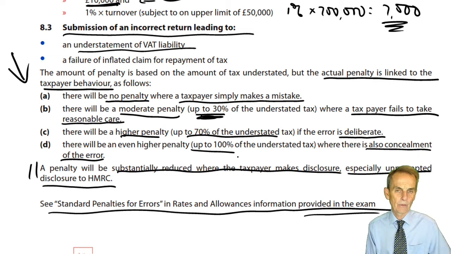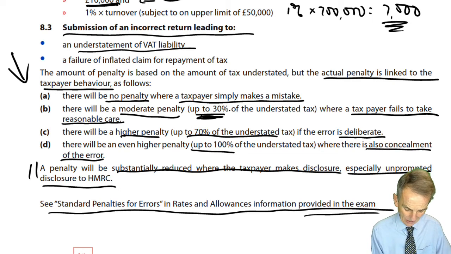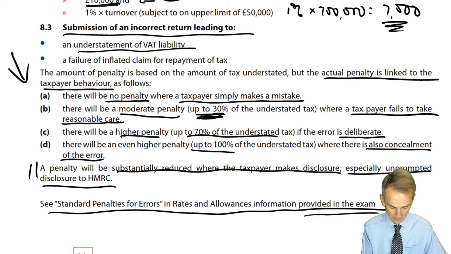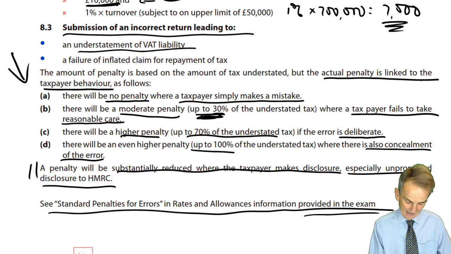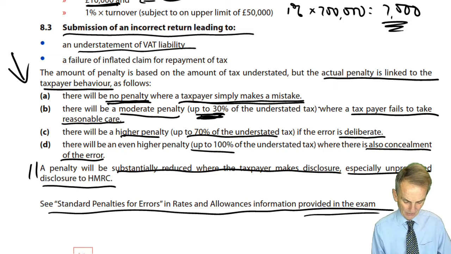But on the basis that it would appear we've simply identified an error that was made, on that basis we should be looking at, as a maximum, 30% of the understated tax. And again, that is likely to be much less. Again, there may be no penalty where the taxpayer simply has made a mistake.